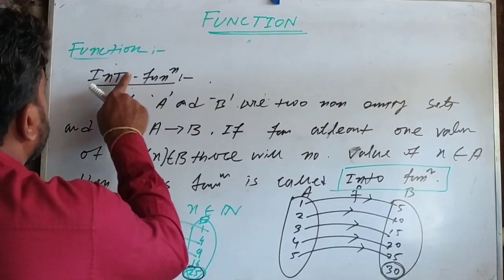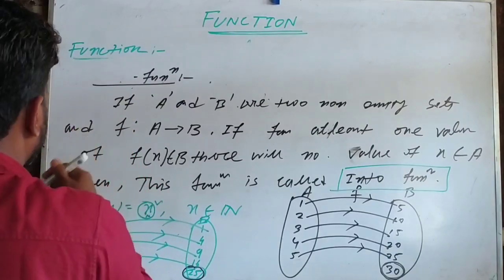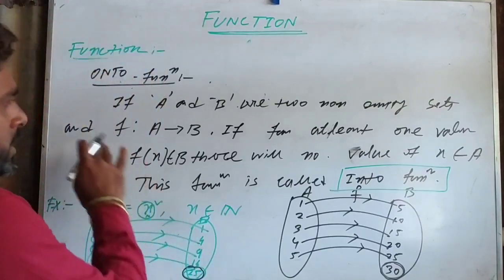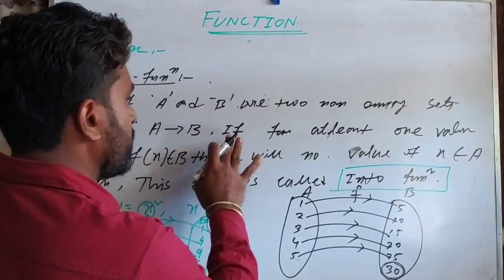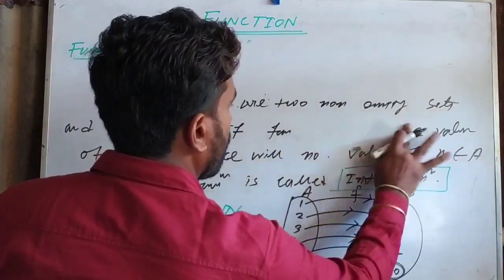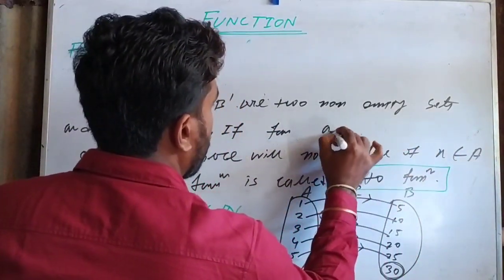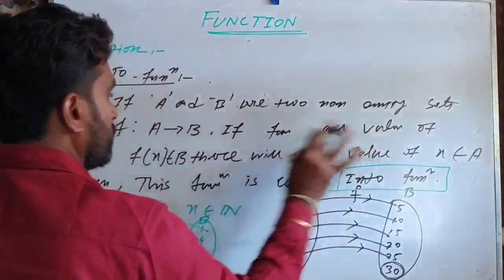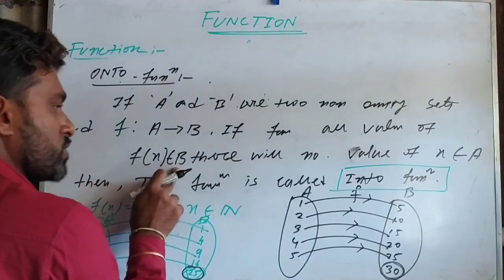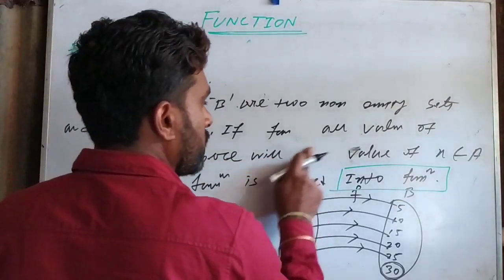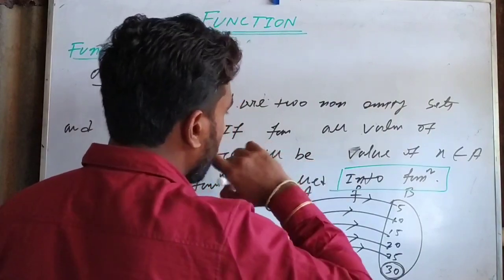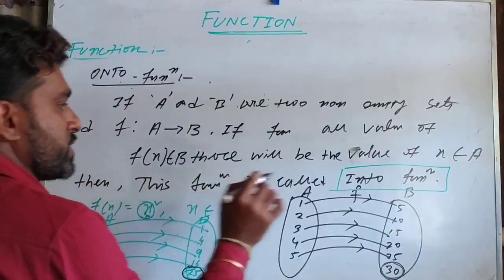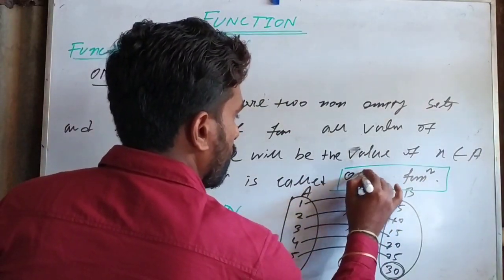Now the next part is, next definition is what? Onto, O-N-T-O, onto function. Okay, just initially if for all values of fx belongs to b, there will be the value of x belongs to a. This function is called onto.